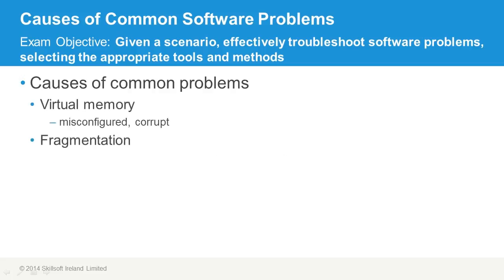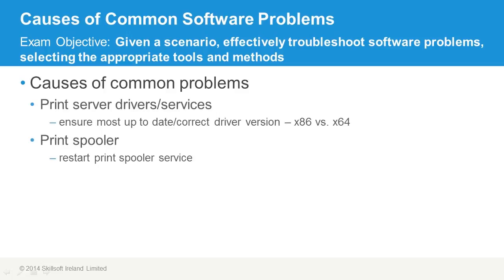Virtual memory, again, if you're relying on virtual memory, the problem basically is that you don't have enough physical memory, but you still need to make sure that your virtual memory is configured correctly and that the page file itself is not corrupt. And if it's fragmentation, of course, you can defragment your drives at any point in time, but the heavier the fragmentation, then the longer it's going to take for any application to load or find the files that you needed to locate.